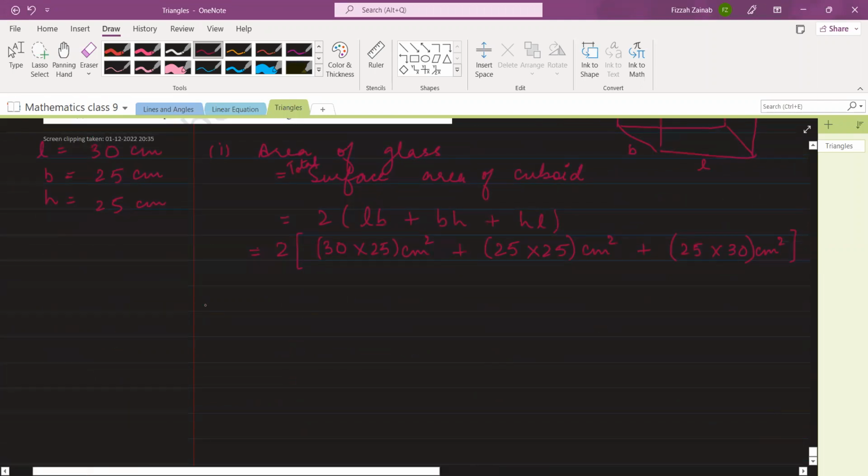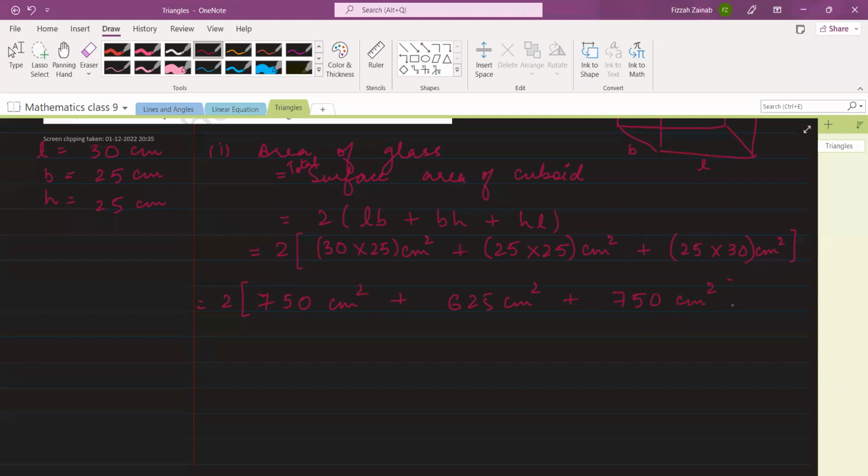So 30 into 25 is 750 centimeters square. 25 into 25 is 625. Plus again 25 into 30 is 750 centimeters square.